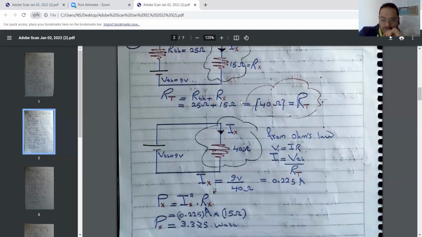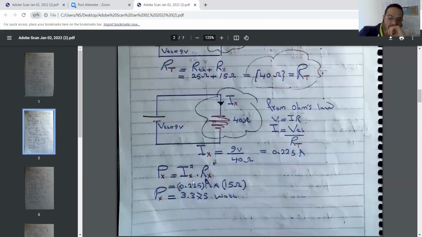And from Ohm's law, IX equals the Thevenin voltage divided by the Thevenin resistance plus Rx, or we can say RL, which is the Thevenin voltage divided by 40 ohms, to be equal 0.225 ampere.